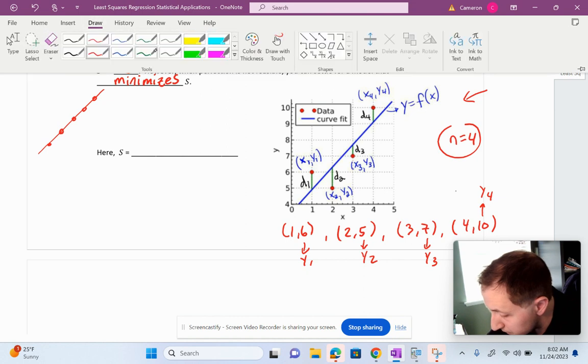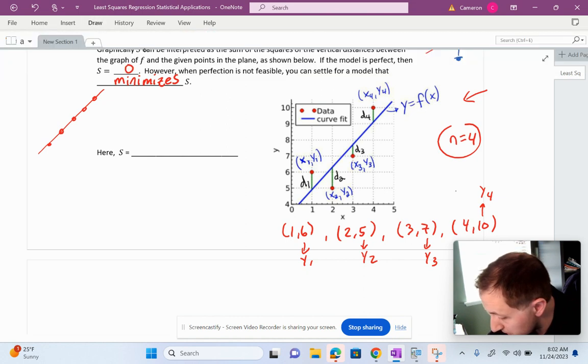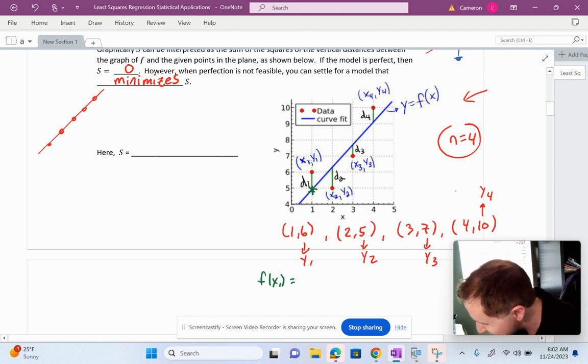Let me pick a different color here. Let's pick green. Here's my first prediction. It looks to be about 5, a little bit lower, so my first f of x1 I'll call 4.8. My f of x sub 2, these are my predictions, looks to be overestimating, right? Because it's higher than the actual y value.